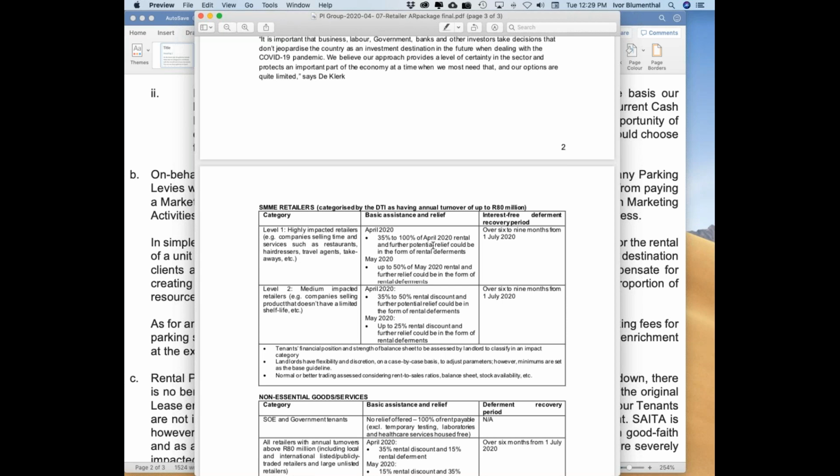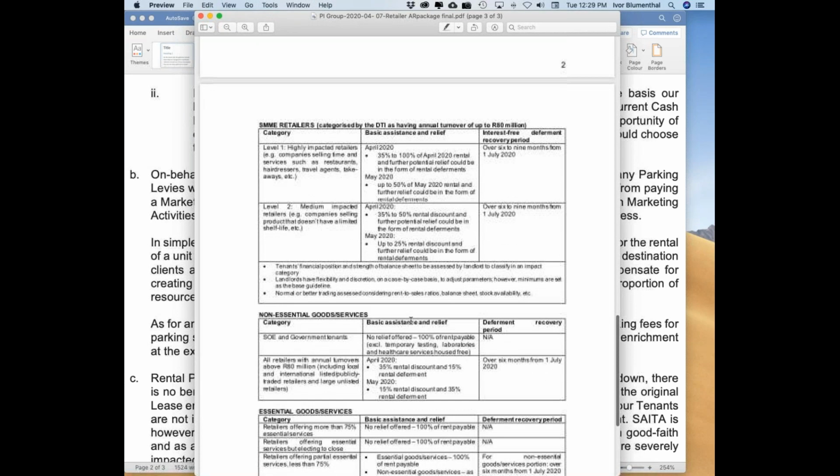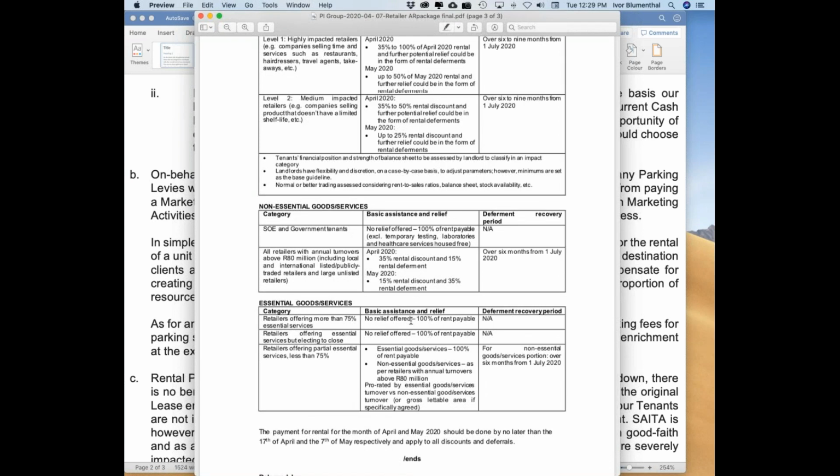so they're talking about 35% to 100% rental, and then further potential relief could be in the form of rental deferments. Now, what's happened is that if you go down, I just want to see where they've actually made that distinction. If you look here, they're talking about essential services, but the principle has been set where they're saying 35% rental discount and 15% rental deferment, which basically means that in their own rules as PIGS, the property industry group, they're making allowance for deferment of some of those expenses.